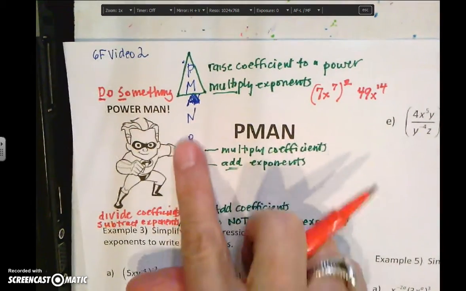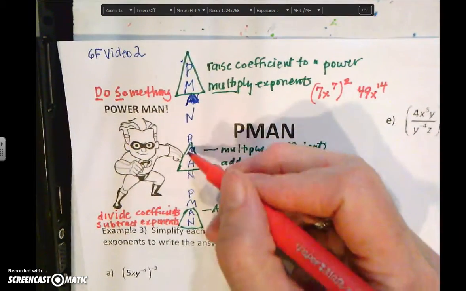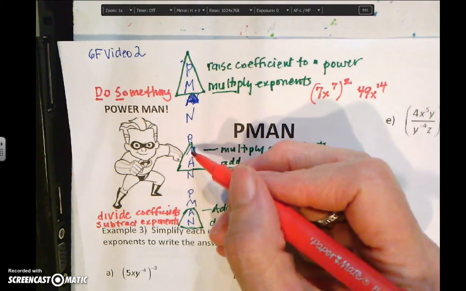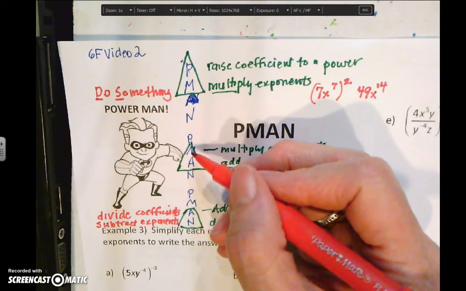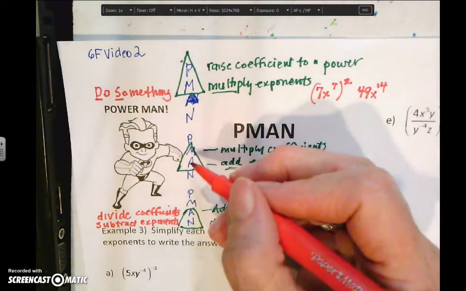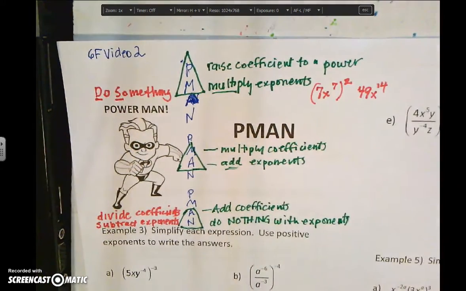That's example 1. So next, I rewrote P-Man again, and this time I put my little triangle around the M and the A. So whenever I'm multiplying two expressions, I'm going to multiply the coefficients, but the exponents get added.